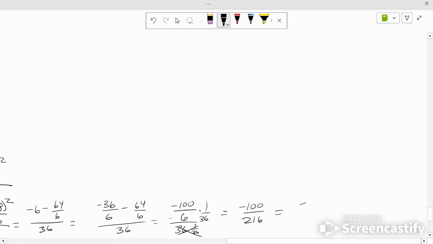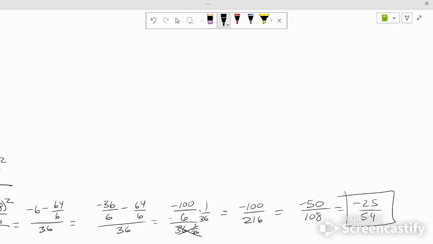Which equals negative 50 over 108, which equals negative 25 over 54, which is my slope.